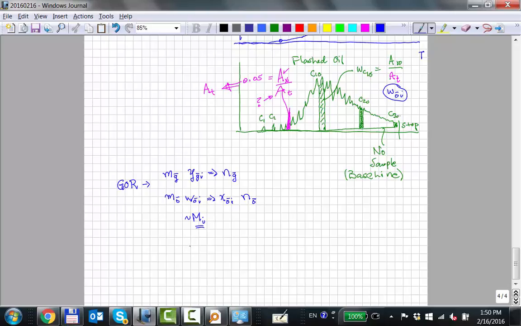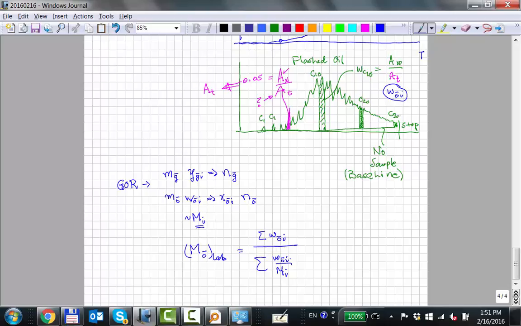What we do know, however, is the overall molecular weight of that oil. That's why we measured it. And that molecular weight, which is measured in the lab, needs to be equal to the sum of the mass, which is the sum of these weight fractions, which of course sums to 1, divided by the weight fractions divided by molecular weights for all the components.